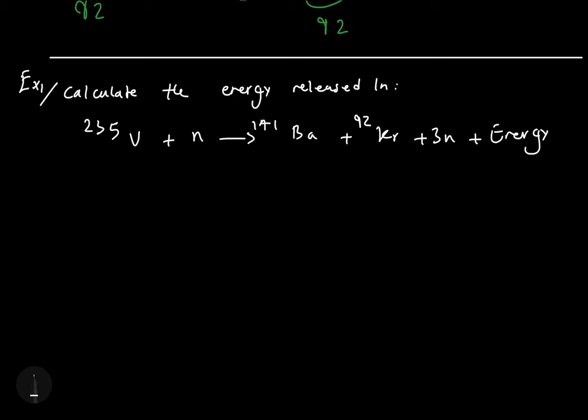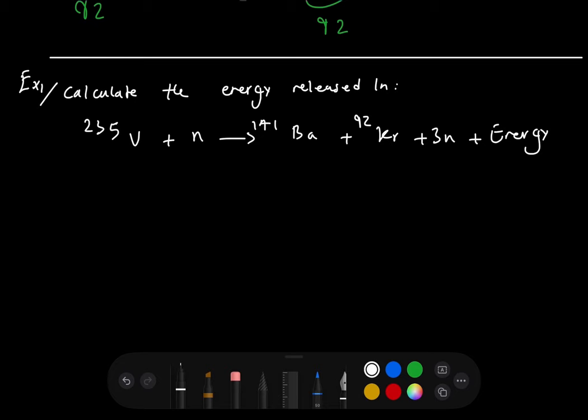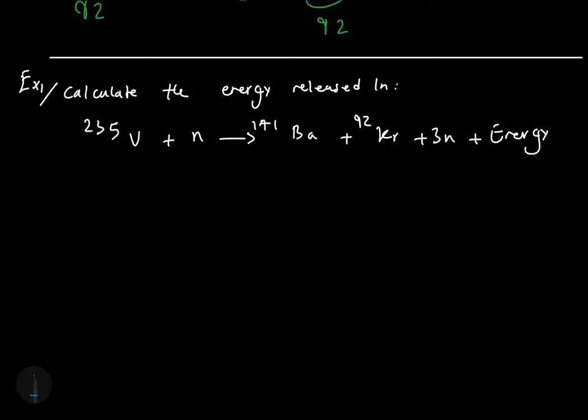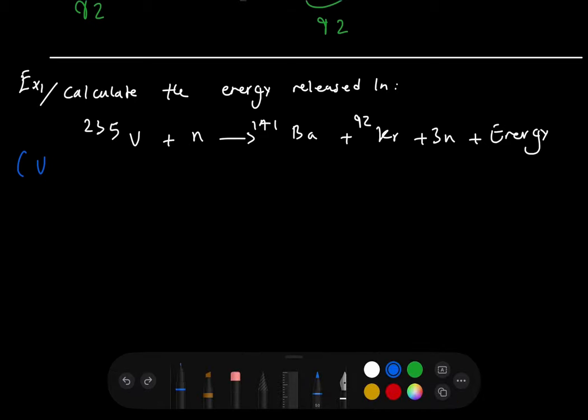Now let me give you the masses of everything that is required here. So let's say uranium-235 has an atomic mass of 235.0439 atomic mass units. Barium has an atomic mass of 140.9144 atomic mass units.